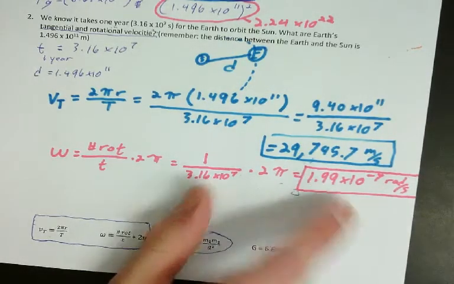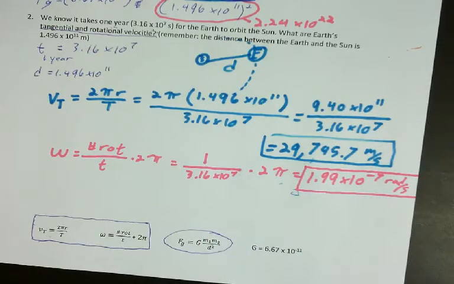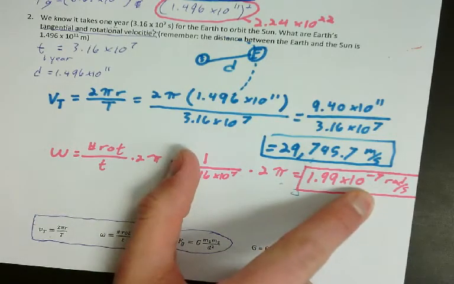Well, the Earth is not going to travel very much of a circle in 1 second. Even though the Earth is going fast, its circle is so large that it only travels a really tiny portion every second. So this number is really small because the Earth does not rotate much of the circle in 1 second.